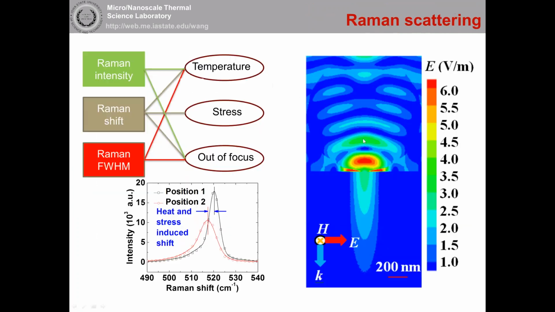If I go back a little bit, basically we use the same light. The laser is focused here, so it's heating the local area. At the same time, your laser is exciting the Raman signal from this location, and the signal goes back to the Raman spectrometer. That means you are measuring exactly the location of the heating, so the temperature is at that location.